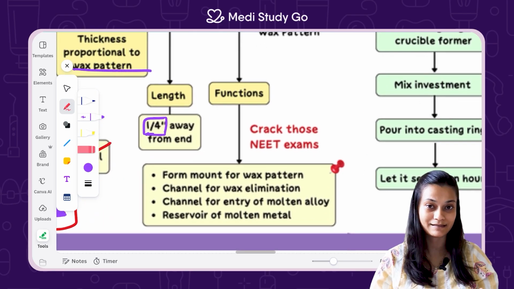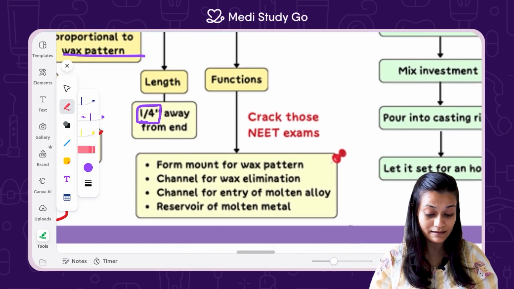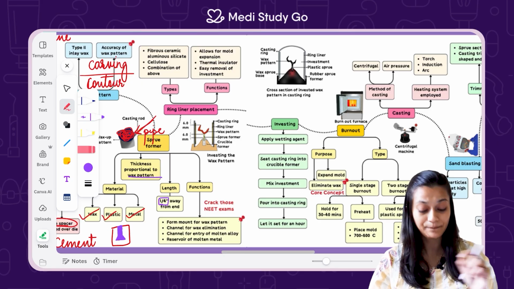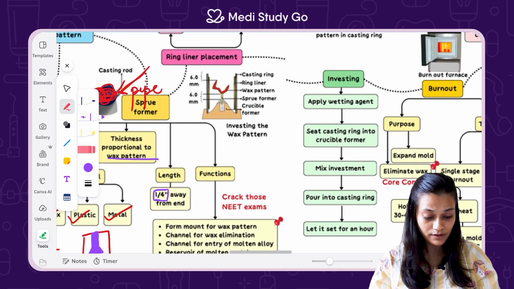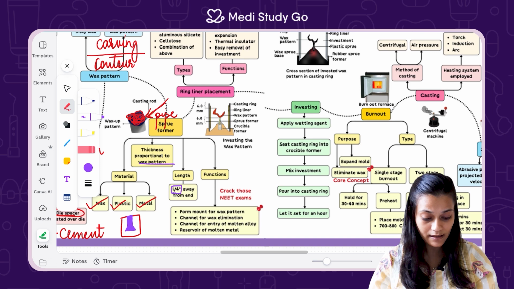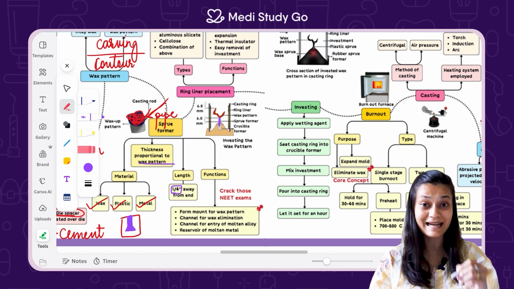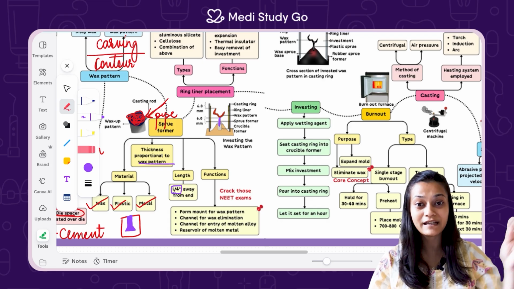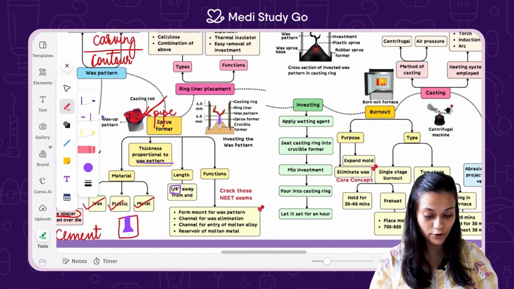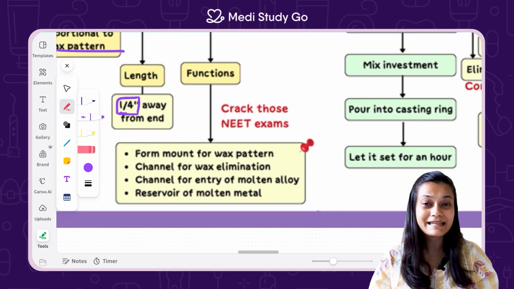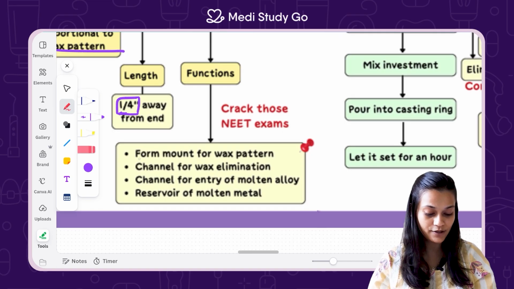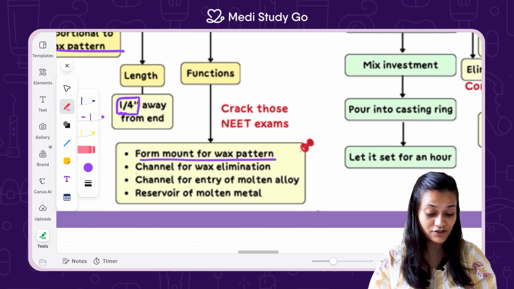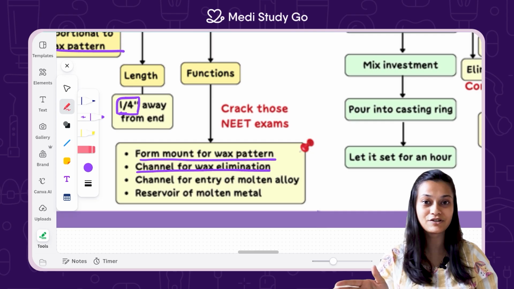But before that, what is very important is what should be the angle? Where do you exactly attach your Sprue Former? So if you see, it's not attached perpendicular, but it is at an angle. And that angle is around 45 degrees for your molten metal to flow properly. What exactly are the functions now? It's actually going to form the mount for the wax pattern, will be channel for wax elimination as well.